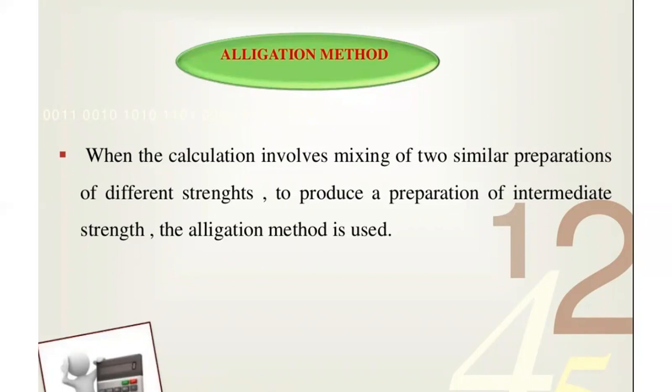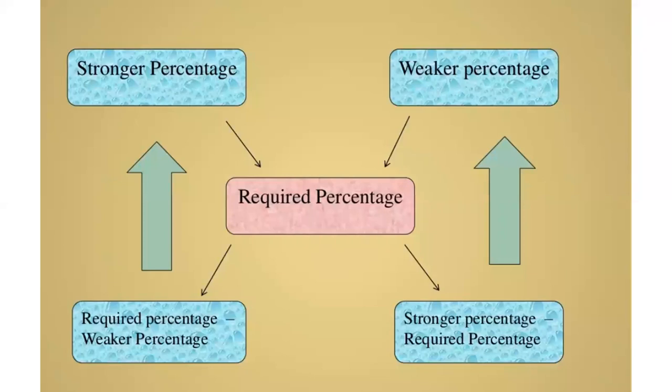As they are different strengths, we have to produce one intermediate strength preparation. When you are going to prepare one intermediate strength preparation, we will use the calculation called the allegation method. So this is the allegation method calculation, and how you have to do it.